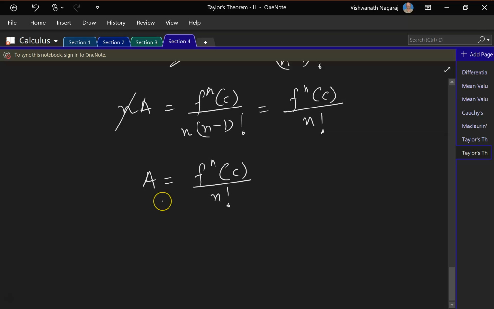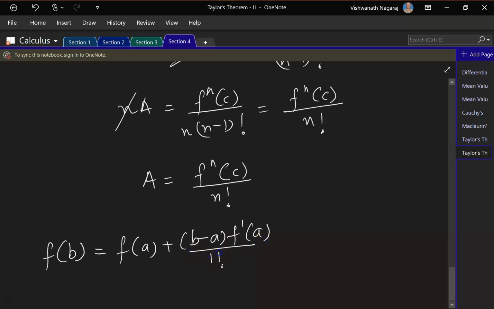Okay, let's put the value of a in the original equation. So what happens? F of b is equal to f of a plus, now we are bringing everything back to the right hand side, b minus a f prime of a by 1 factorial plus b minus a square f second derivative of a by 2 factorial plus, and so on.